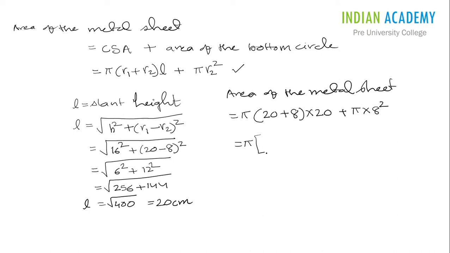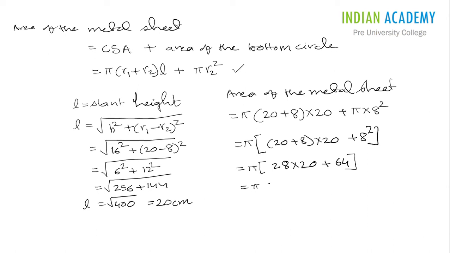We will be left with (20 plus 8) into 20 plus 8 squared, which will be pi times 28 into 20, which is 560, plus 64.